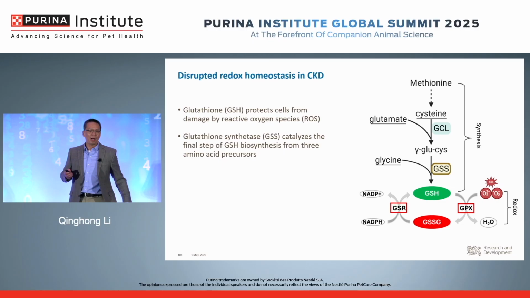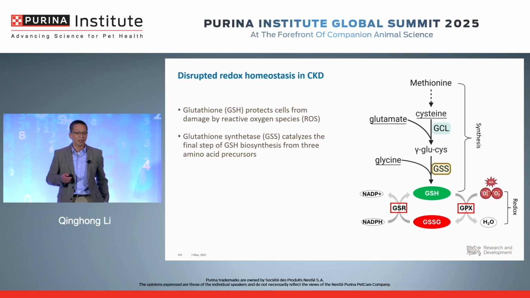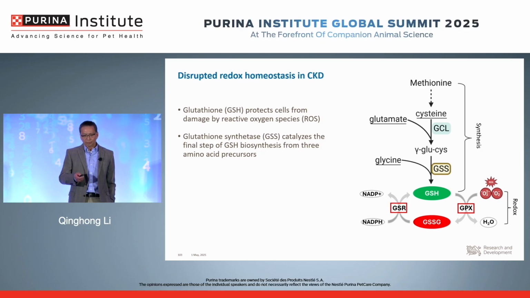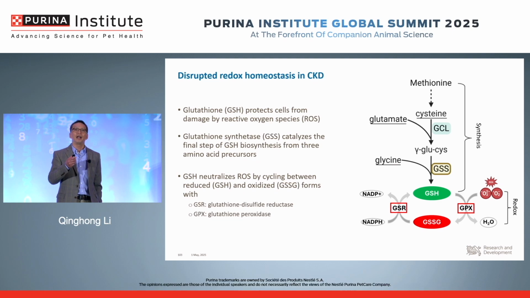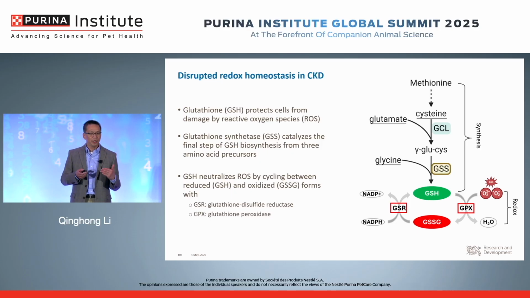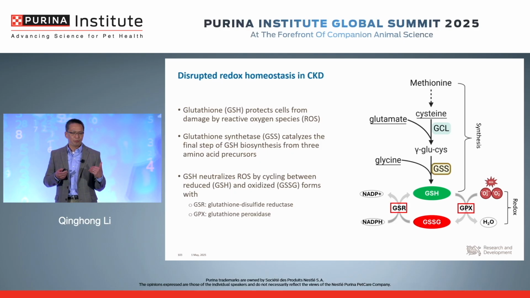It's synthesized by the enzyme glutathione synthetase from 3 amino acid precursors. Glutathione then cycles between the oxidized and the reduced form to neutralize reactive oxygen species, and that requires 2 enzymes, GSR and GPX.